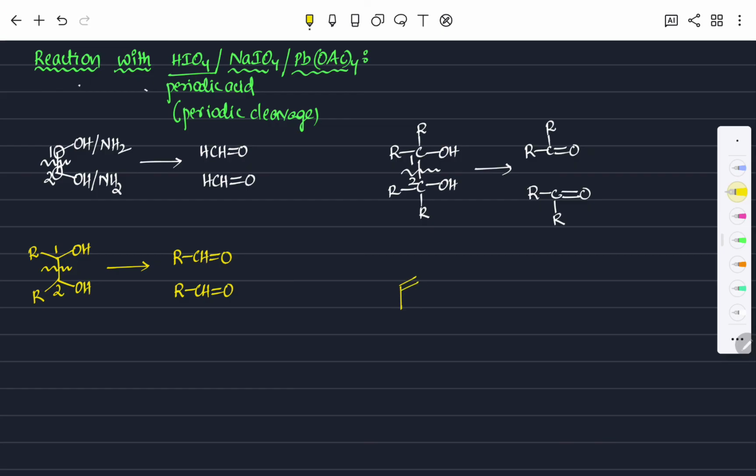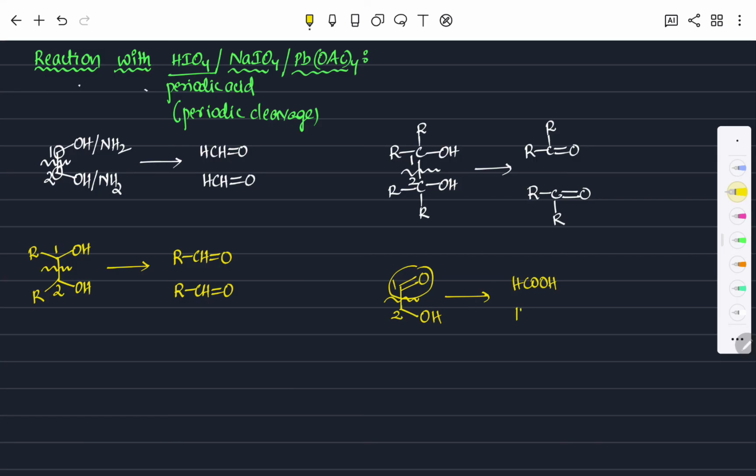Suppose one is aldehyde and another one is alcohol. In this case also, we have to break the corresponding C-C bond, 1,2-position. It will undergo further oxidation and convert into formic acid, since it is already in the aldehyde state. That's why we should write formic acid.